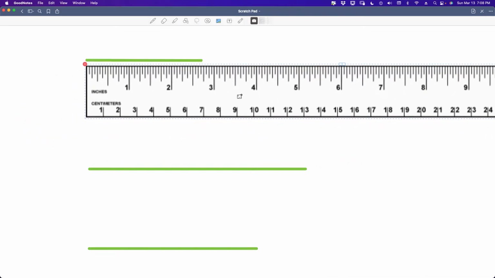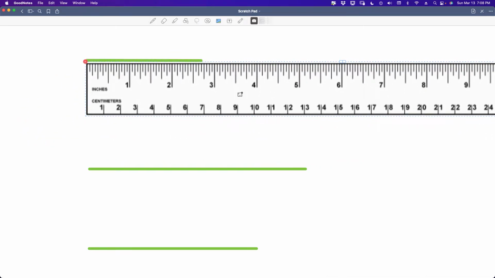So I'm going to line up the end of this ruler with the end of the line. And I am going to get my pen, and that looks pretty close here. So I'm going to again look for the ending point.